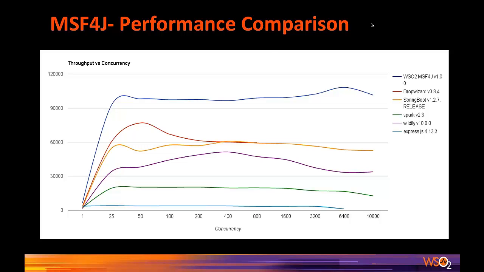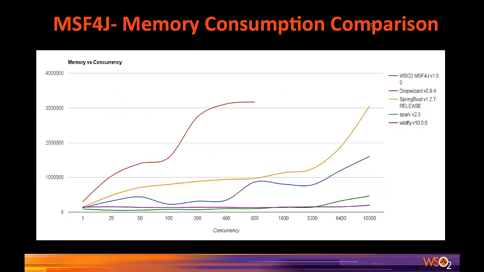And this is the memory consumption, how memory consumption varies with concurrency. Again, we compared with the same set of frameworks, like Spring Boot and Dropwizard. If you go to our GitHub repository, we have open sourced all these comparison samples and comparison tests.